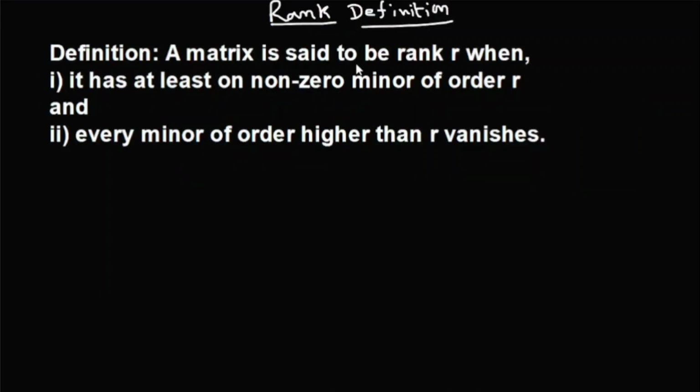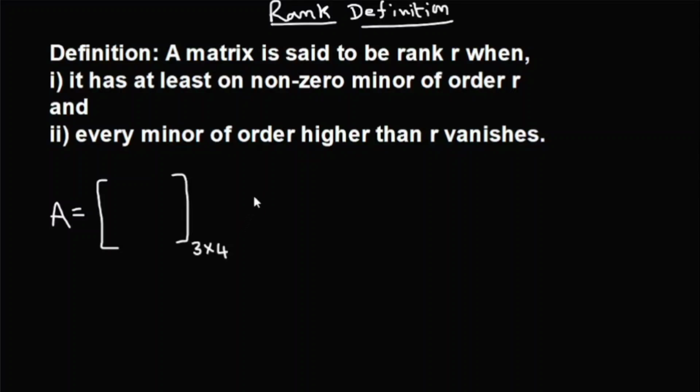So a matrix is said to be of rank R if it has at least one non-zero minor of order R and every minor of order higher than R vanishes. For example, if you take a matrix of order 3 by 4, you cannot have minors of order 4.